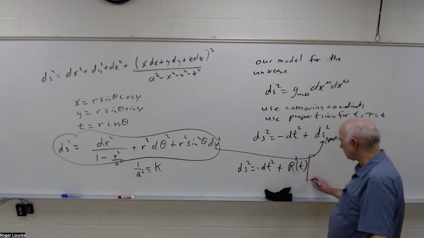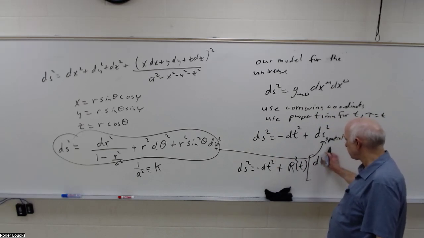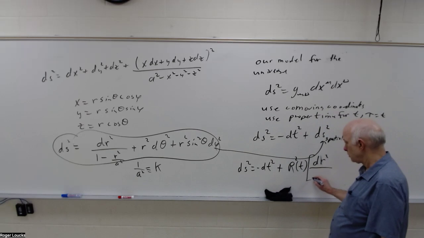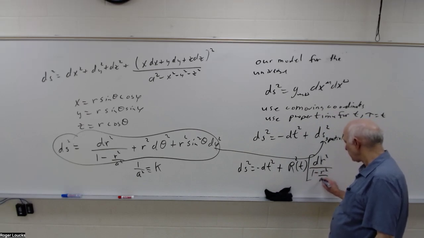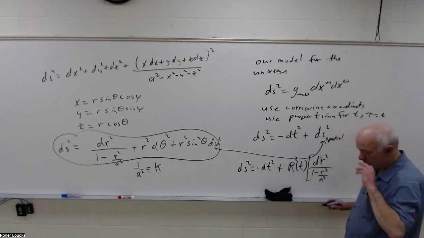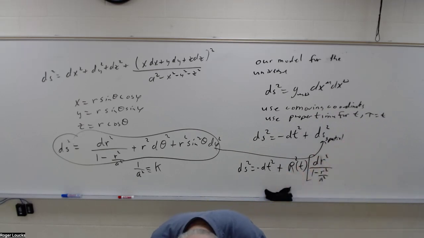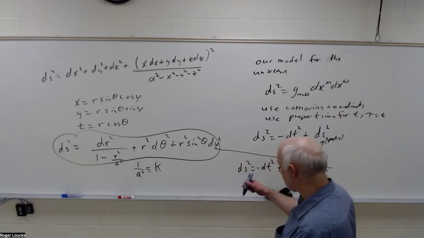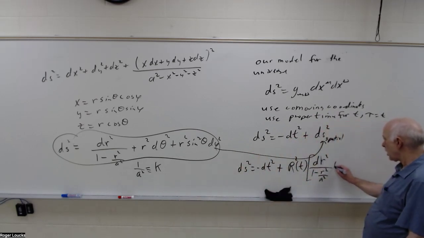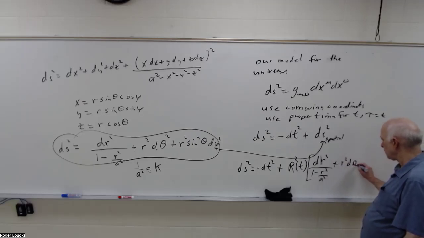Times basically this piece over here, the r squared, 1 minus kappa r squared. Actually, he's calling it kappa. He has not called it anything yet. I'm just going to put this in, plus this r squared.